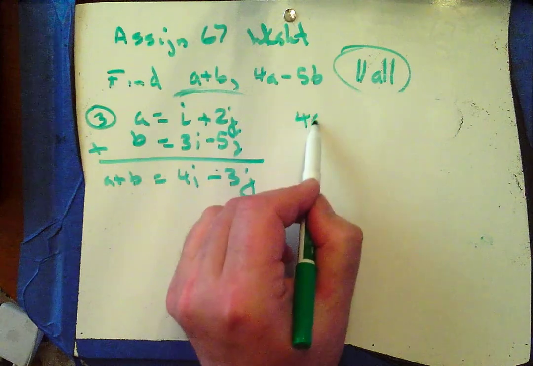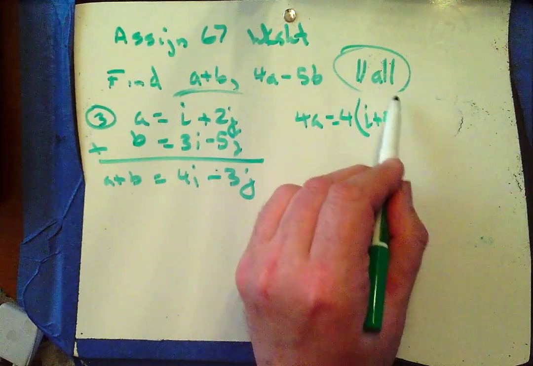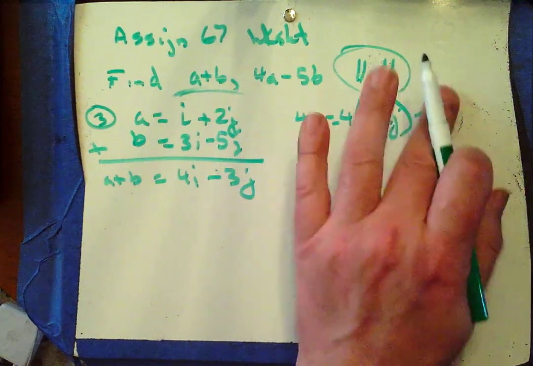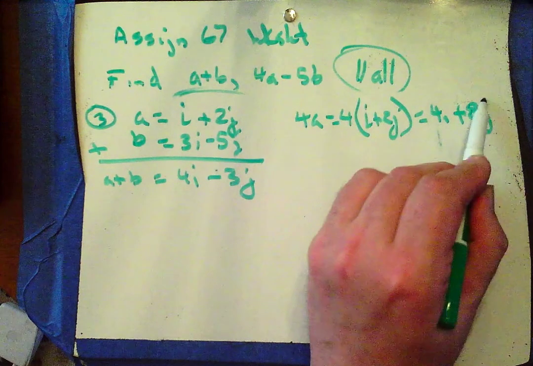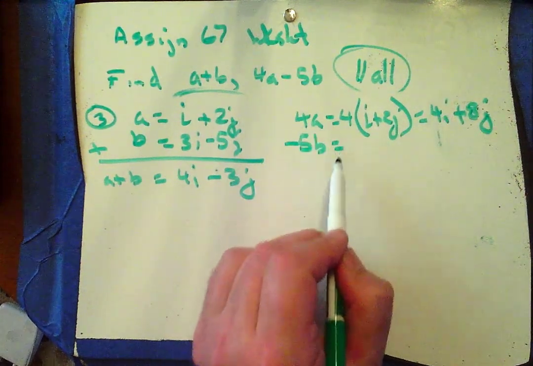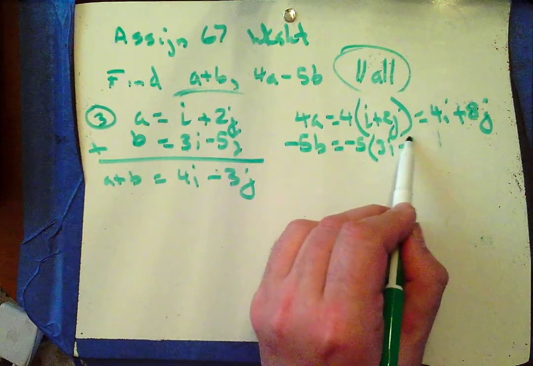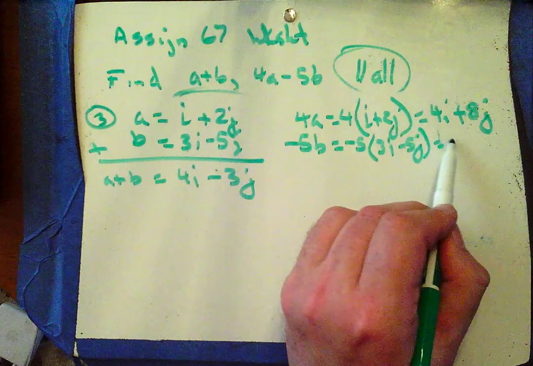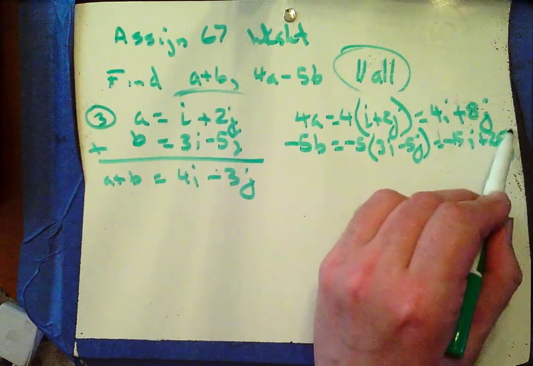We want 4a, which is going to be 4 times i plus 2j, which is going to be 4i plus 8j. And then we want minus 5b, minus 5 times 3i minus 5j, is going to be minus 15i plus 25j.